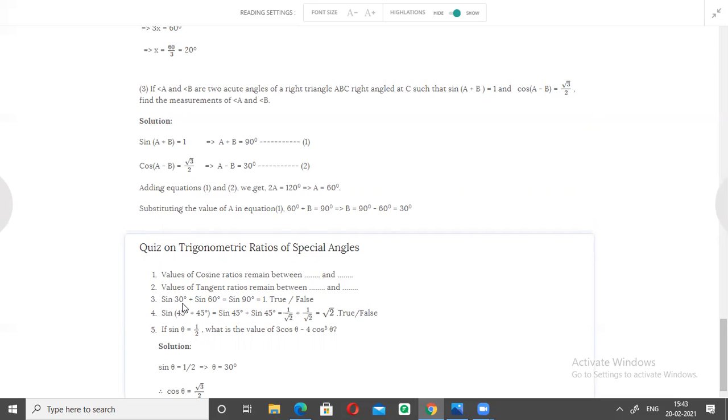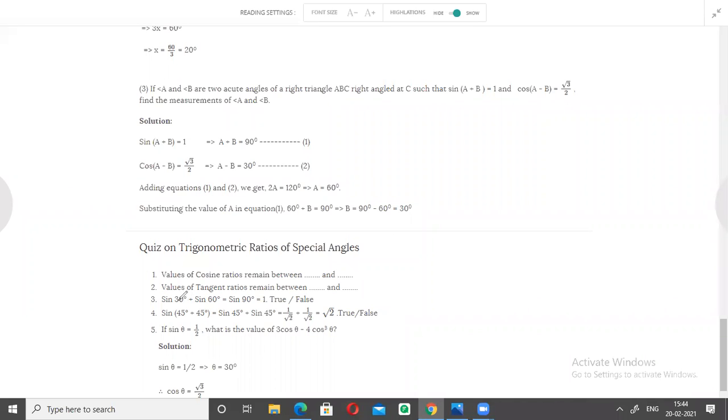Now the third one is true or false: sine 30 degrees plus sine 60 degrees equal to sine 90 degrees equal to 1. Sine 90 degrees is equal to 1, that is correct. But the value of sine 30 degrees is 1 by 2 and sine 60 degrees is root 3 by 2.